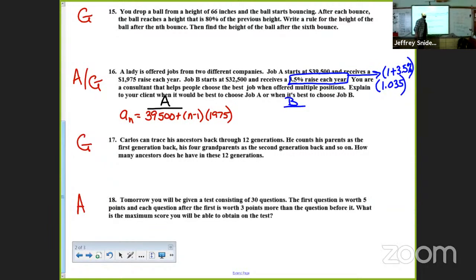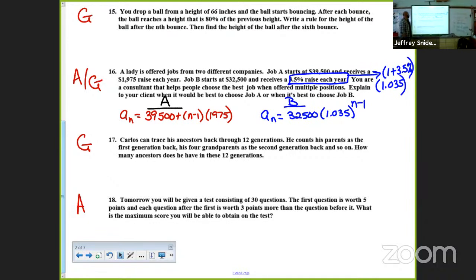That is the value of r, b, whatever you want to call it. So on this one, A sub n is equal to the initial amount, 32,500, times 1.035 raised to the n minus 1. There it is. I had to use the idea of exponential growth functions in getting that growth factor. That's how much she's going to make. You're going to multiply that every year to get the new amount.